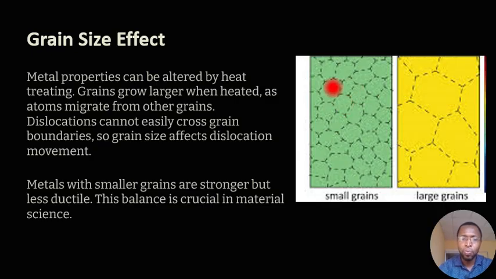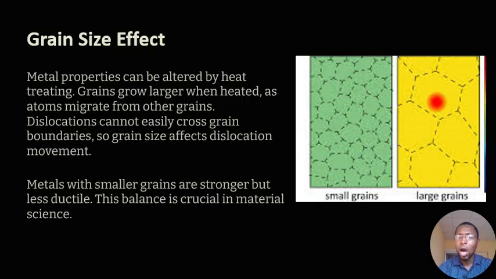It will be difficult for such metal to be bent easily because of too many grain boundaries. The grain boundaries stand as an obstacle to bending metal with smaller grains.